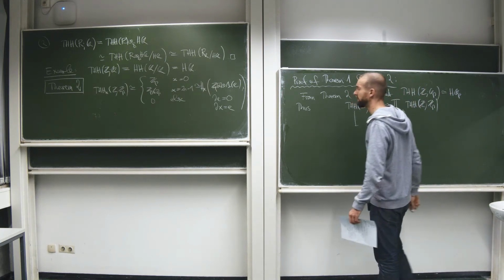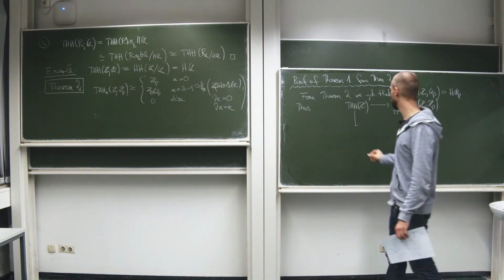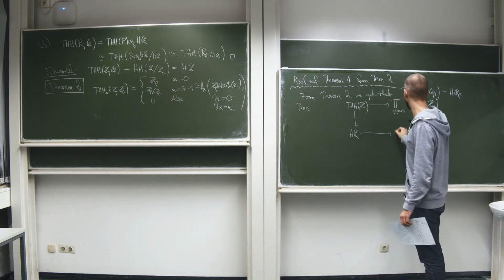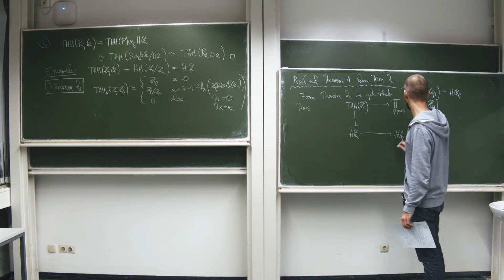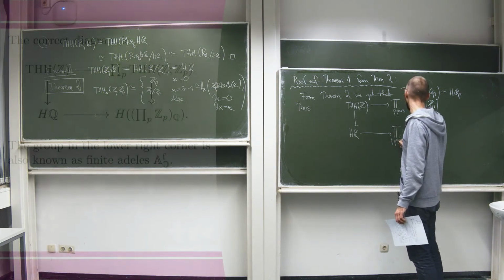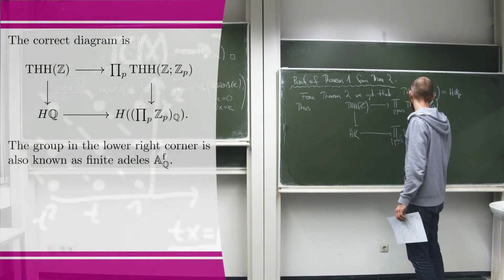And then we have the rationalization. We've just previously seen that the rationalization is an Eilenberg-MacLane spectrum concentrated in degree 0. And that is an Eilenberg-MacLane spectrum, product of Eilenberg-MacLane spectra over all primes, also concentrated in degree 0.